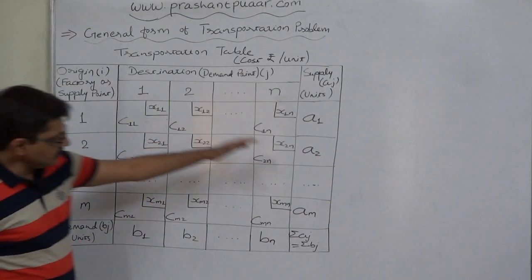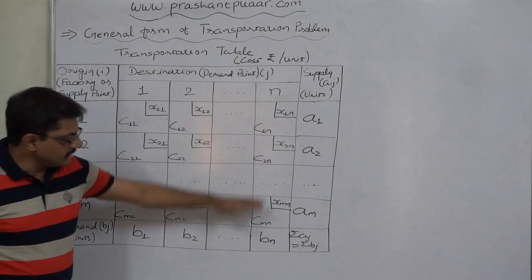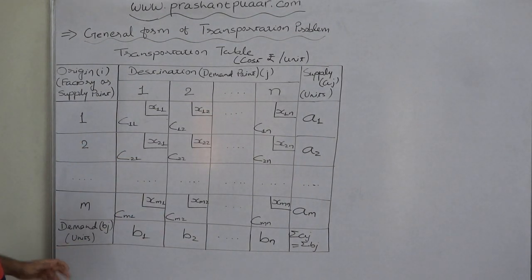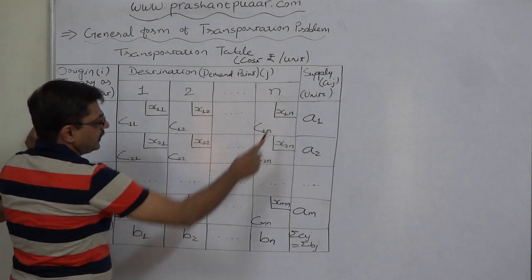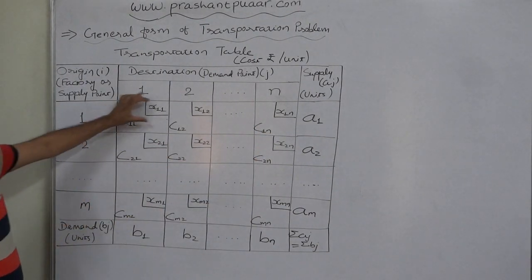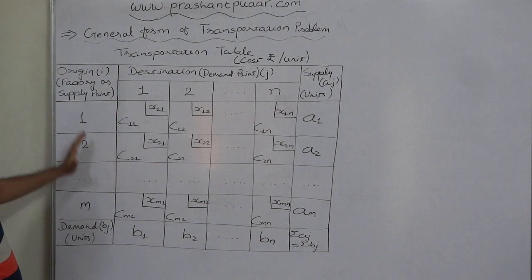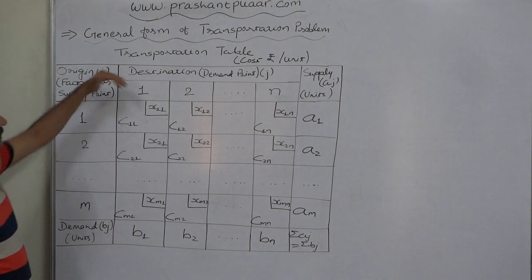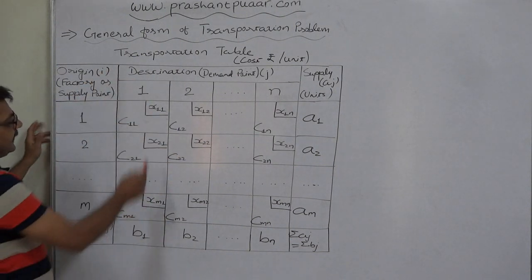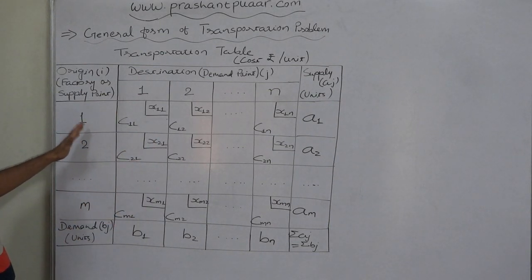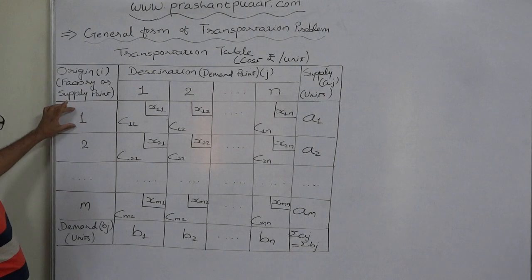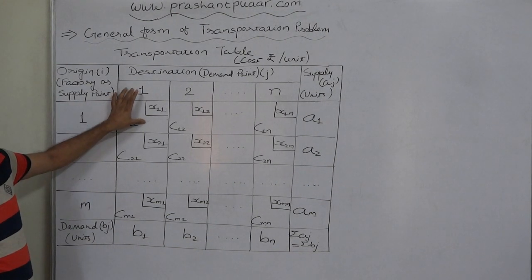Now, another interpretation of this internal part. These are X11, X12, X1n and so on. These are the units to be transported from a particular origin to a particular destination. X11 shows that we can transport X11 units from origin 1 to destination 1.